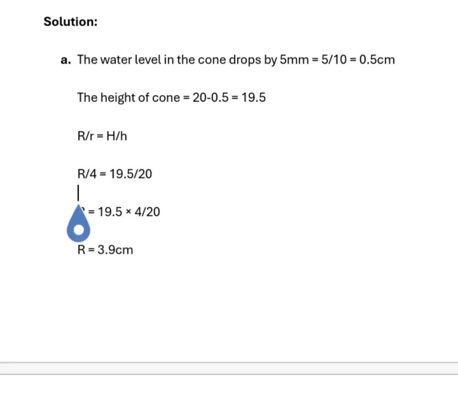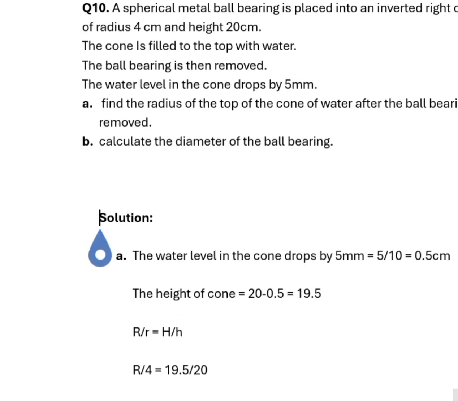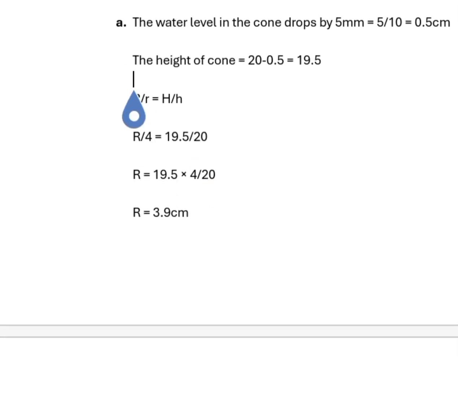Now we will find the radius. R over r, this is the formula for finding the radius. If we have been given two heights and one radius, and we have to find the other radius, then we apply this formula: R over r is equal to H over h.